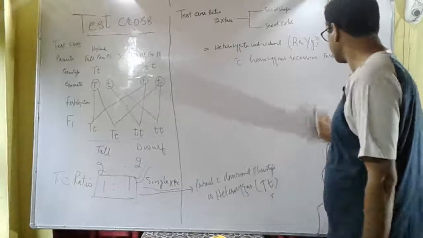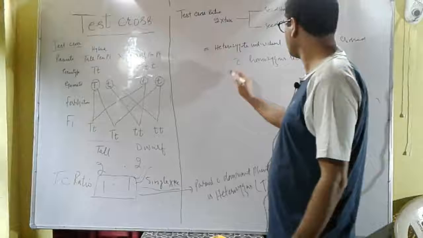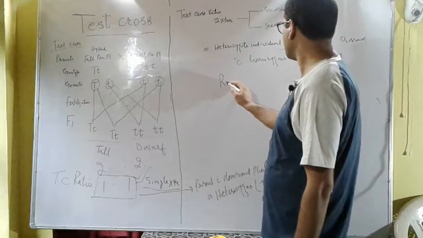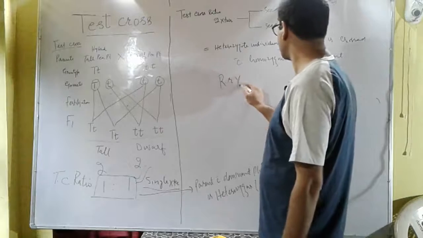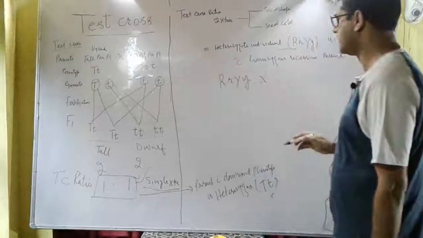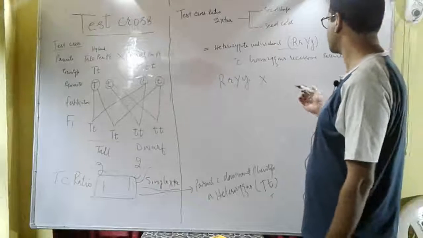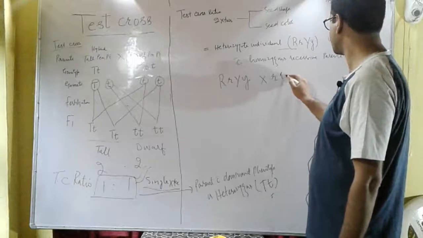So we have a heterozygote individual for two characters, capital R small r, capital Y small y. It is crossed with what? Homozygous recessive parent. So it would be like this.